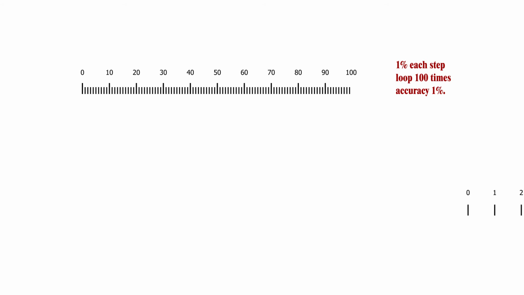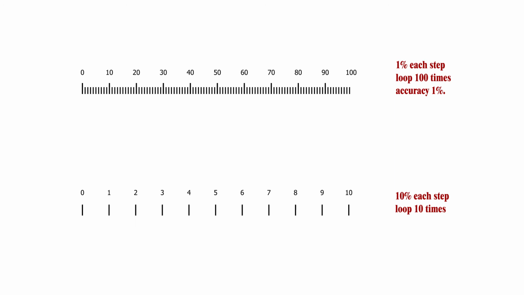The revised program also has a start point 0 and end point 100. But it divides the range by 10. So in this case it is 10% each step, and it finds the optimized value. We know the more accurate value should reside in the range of one step back and one step forward.